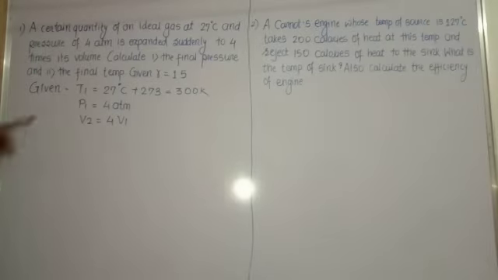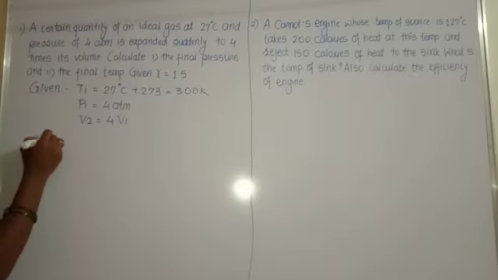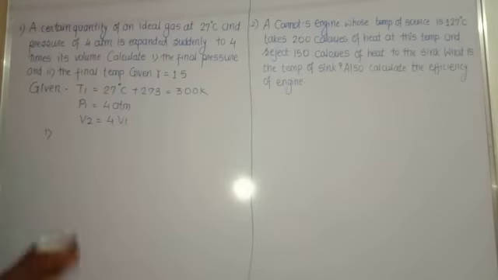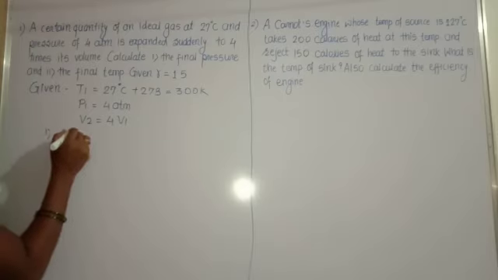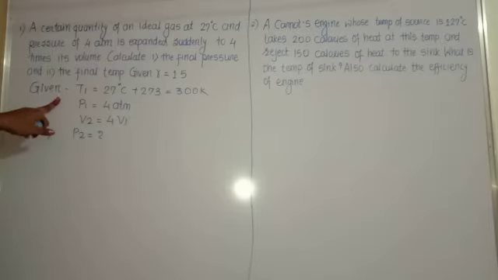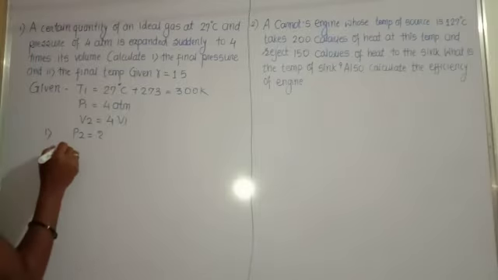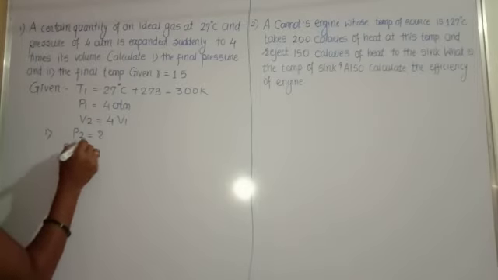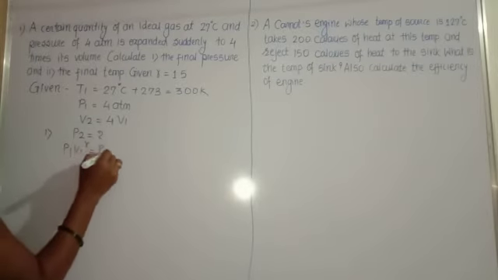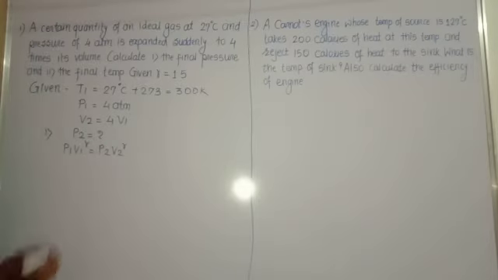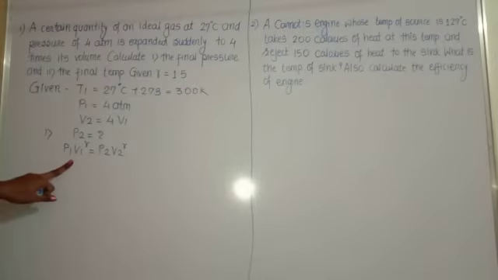Okay, so first we solve for the final pressure. That means we have to calculate P2. In this numerical, T1 is given, P1 is given, V2 is given, and we have to calculate P2. So depending on this, we have the formula P1 V1 to the power gamma is equal to P2 V2 to the power gamma. We saw this expression in the previous class.